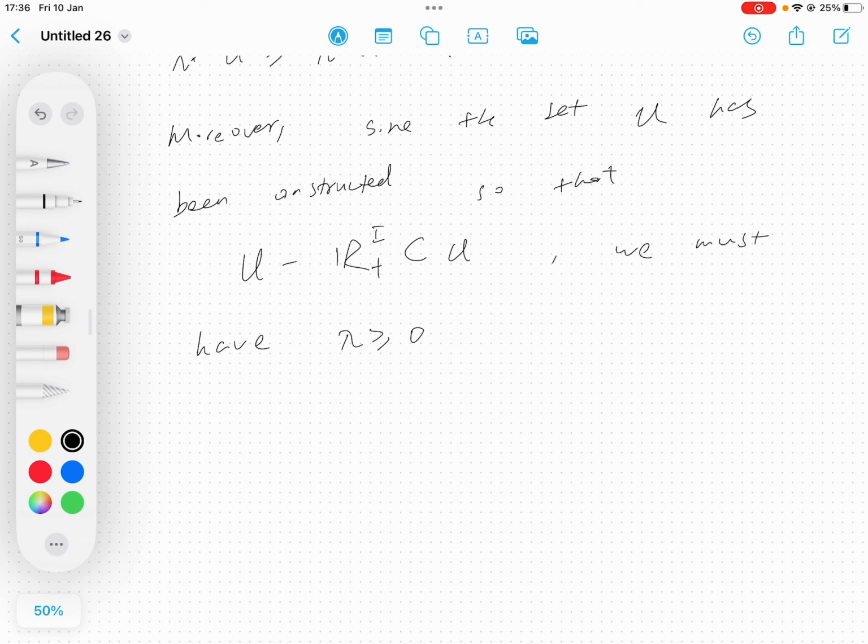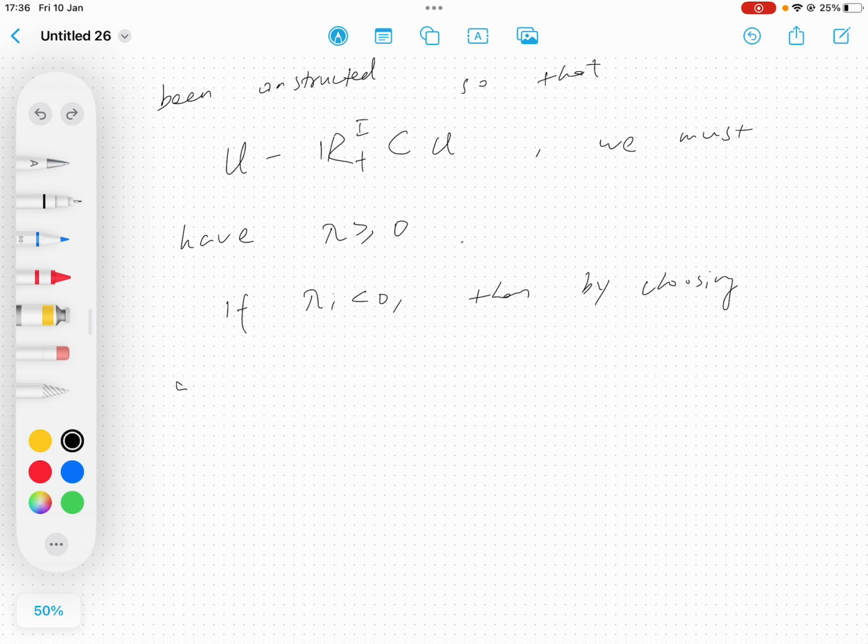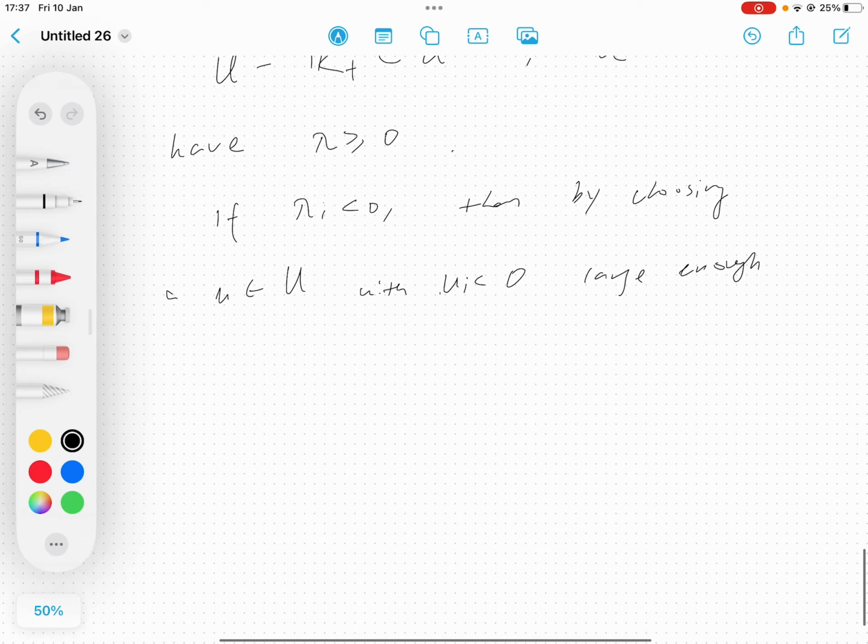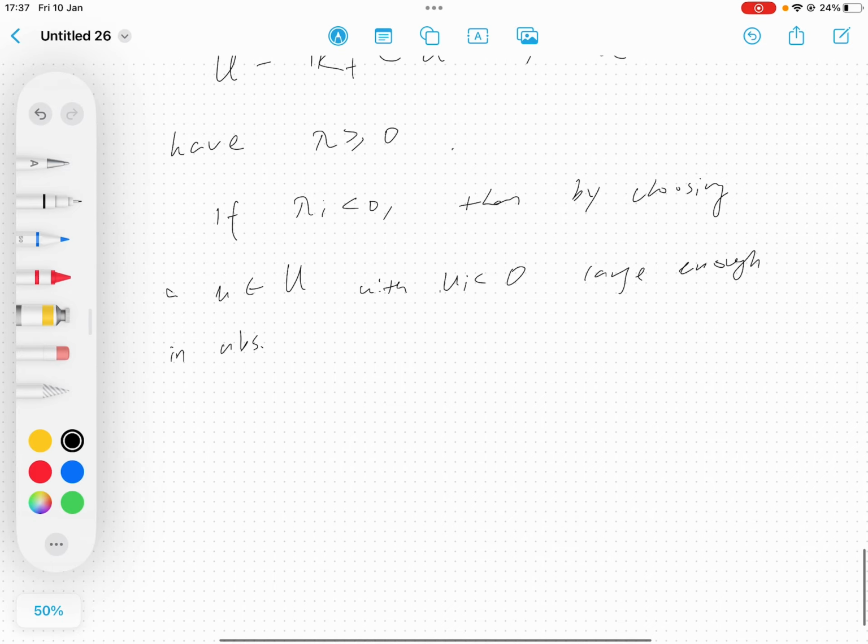In other words, specifically, if lambda i is less than 0, then we can choose a U in capital U with ui less than 0, large enough in absolute value, so that we would have lambda U greater than lambda U tilde.